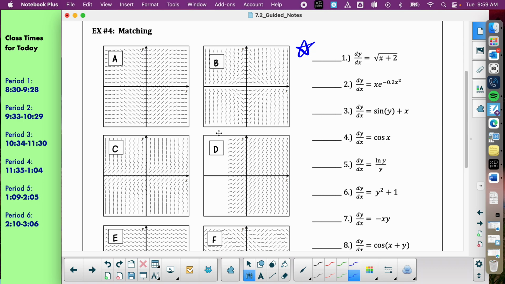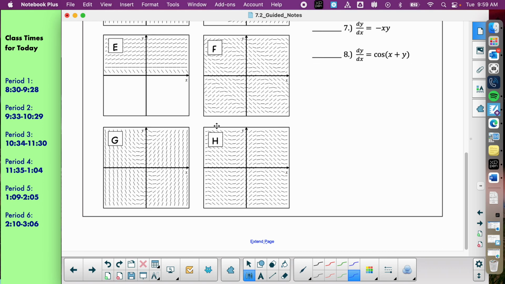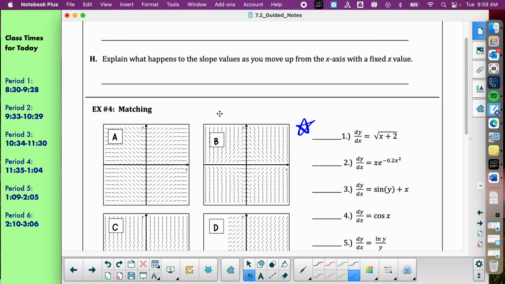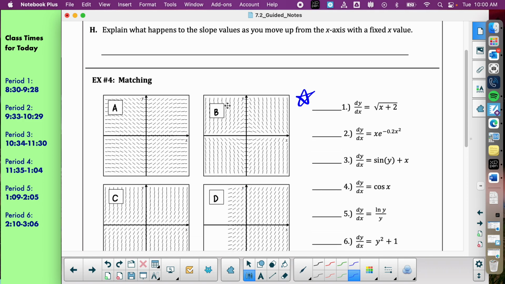Now, the good thing for us, bad thing being that there's 8 of them, the good thing is that they all have different lines, correct? So the most logical and intelligent way to go about this is pick a single spot and see which ones of those graphs would match up with your answer, and then eliminate as you go through.